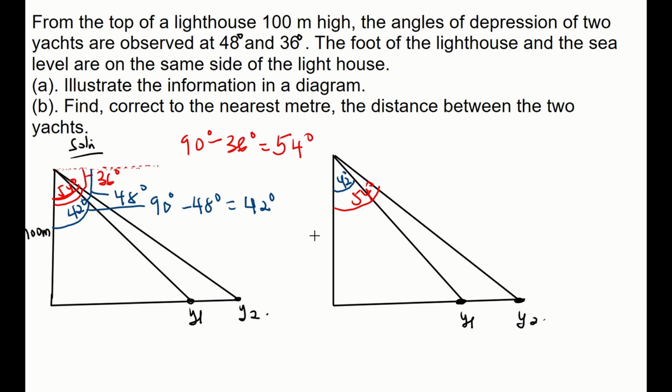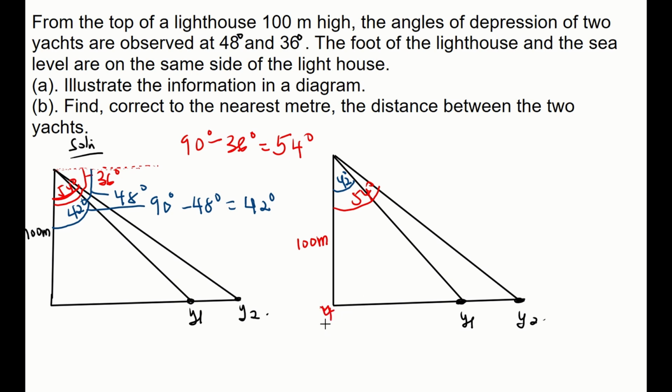Here, we must not forget that the height of the lighthouse is 100 meters. If that is true, then we are going to look at how we can get y1, which we consider here as our first triangle. We can name another variable as well.